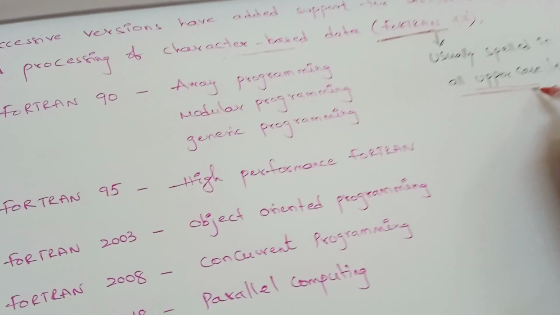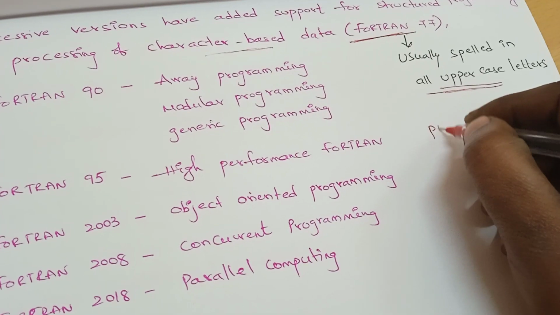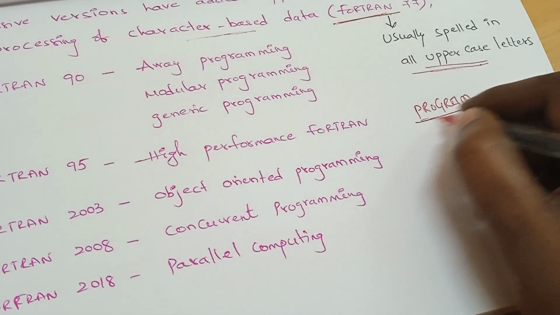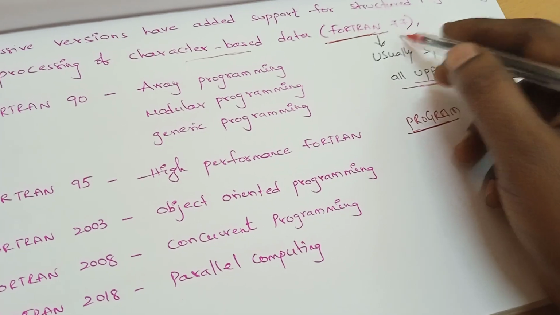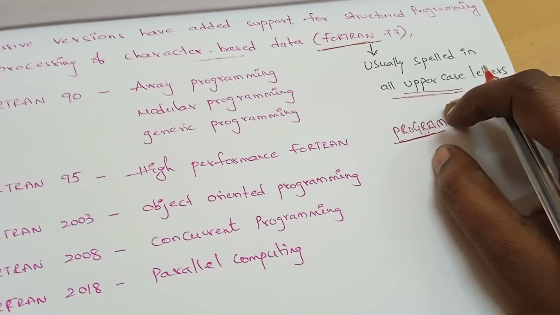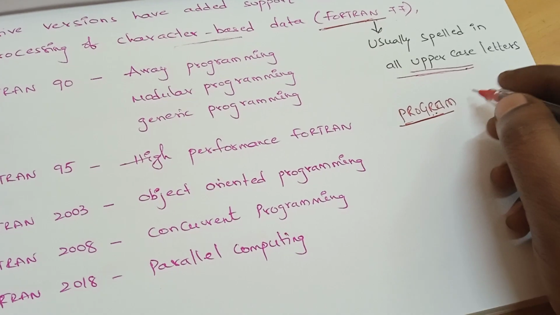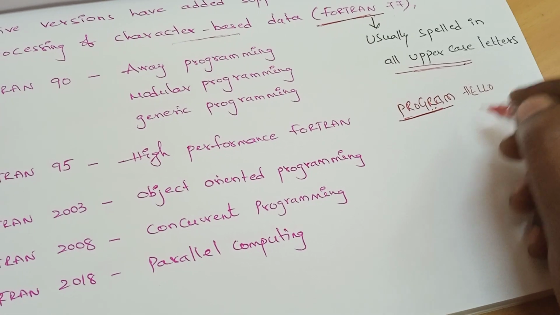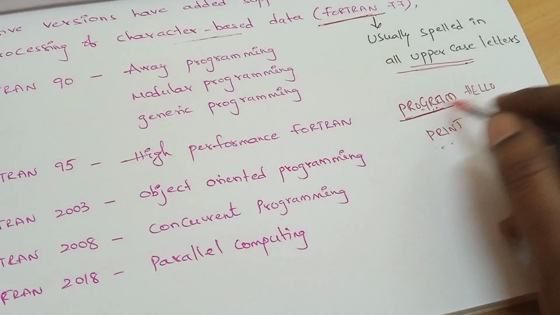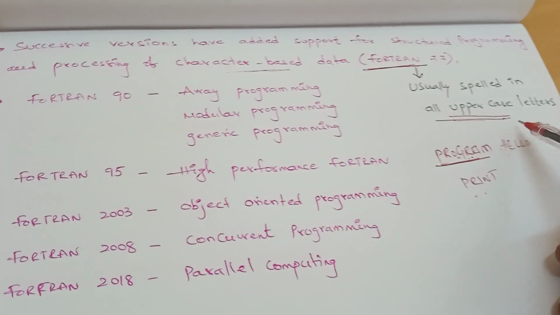Let us say I want to write a hello world program: the program of FORTRAN will start with the word PROGRAM, and look at this, I'm using all capital letters. Then the program name, something like hello, then we use the PRINT command. Now look at this, I'm writing everything in capital letters, correct? So FORTRAN 77 is usually written in all uppercase letters.